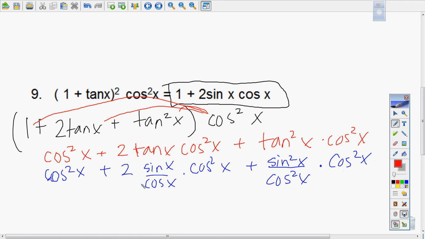So now I'm in a position where I can eliminate. I have a cosine here that eliminates that, and cosine squared, cosine squared. I then rewrote it in terms of sine and cosine using ratio identities.